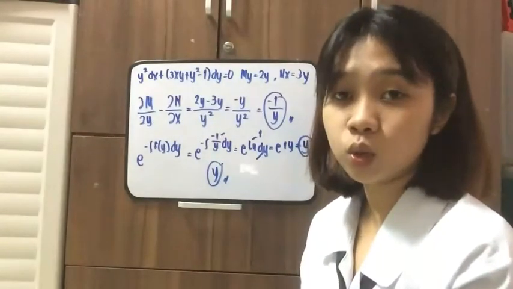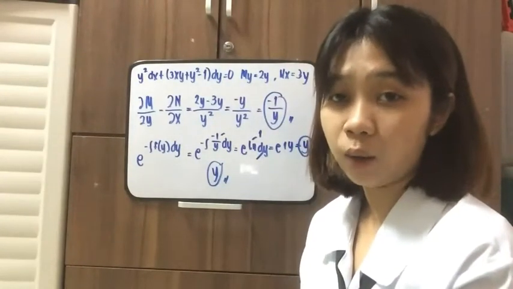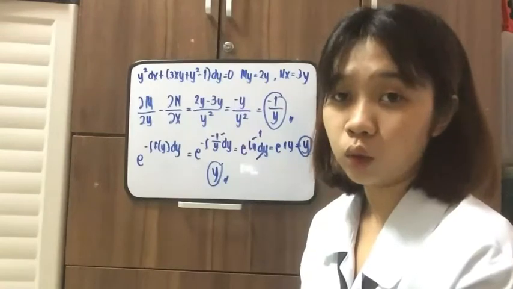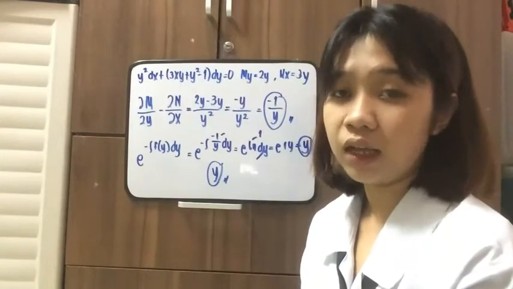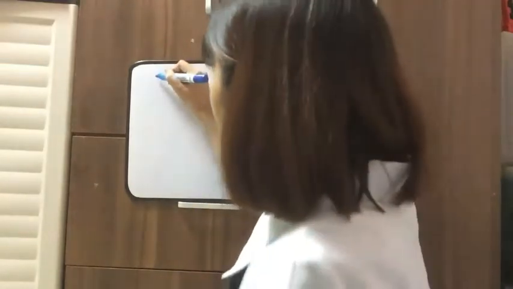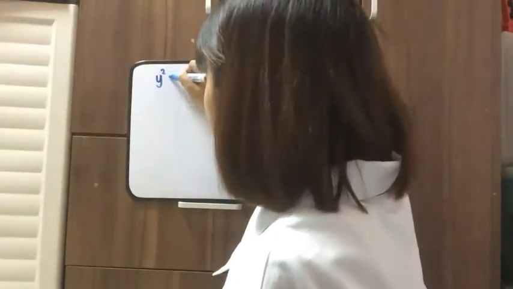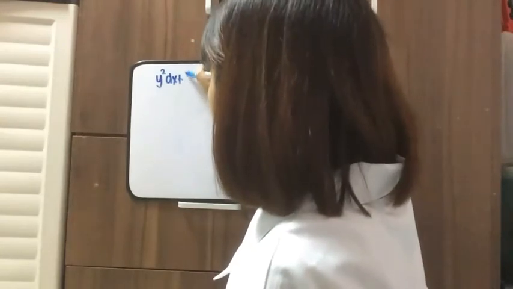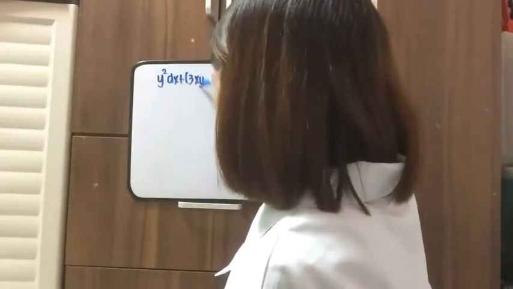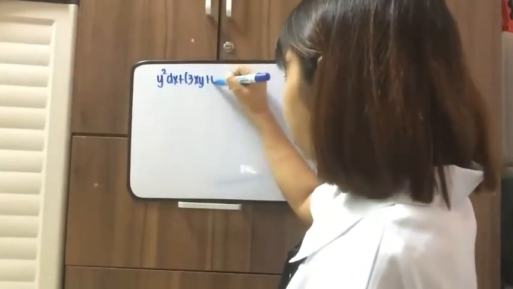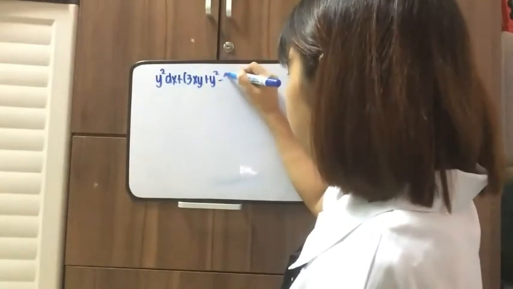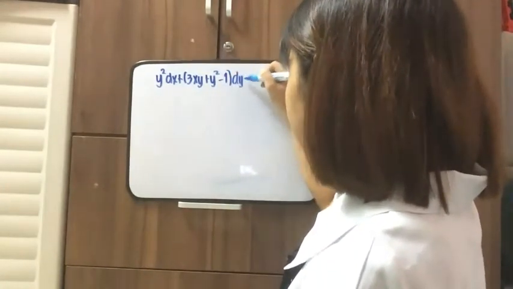The next step is to multiply our integrating factor to the whole original equation. Our equation earlier is y squared dx plus quantity 3xy plus y squared minus 1 dy equals 0.